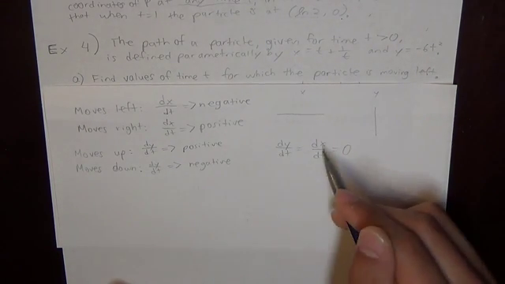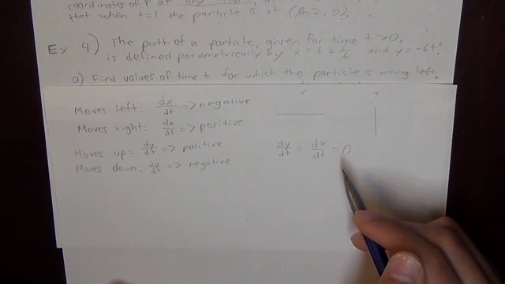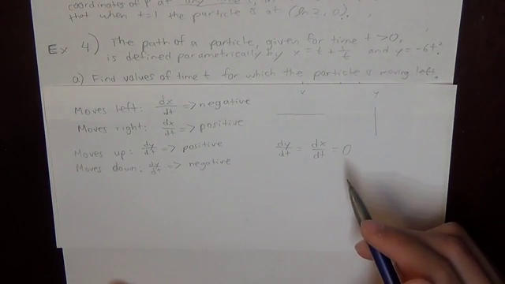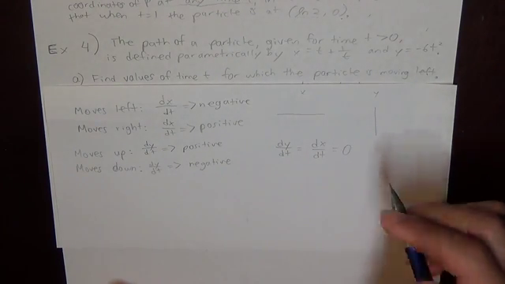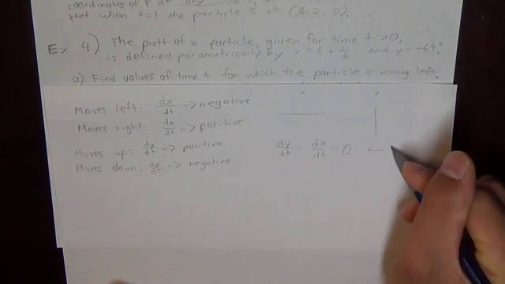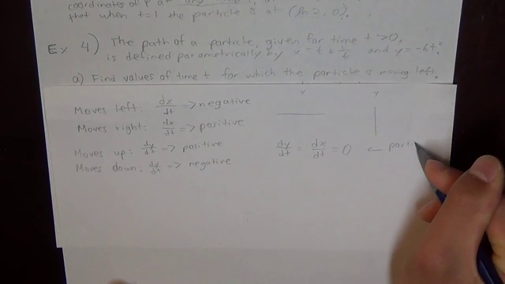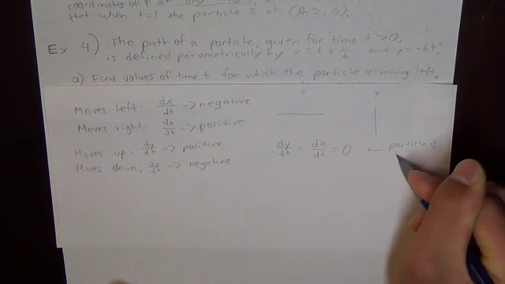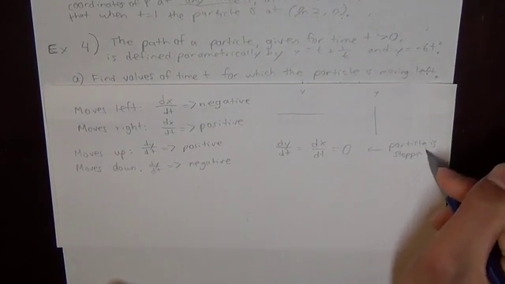Make sure they're both equal to 0, not just one of them, because if it's only one and not the other, then the particle isn't stopped. So just keep in mind that this means the particle is stopped or at rest.